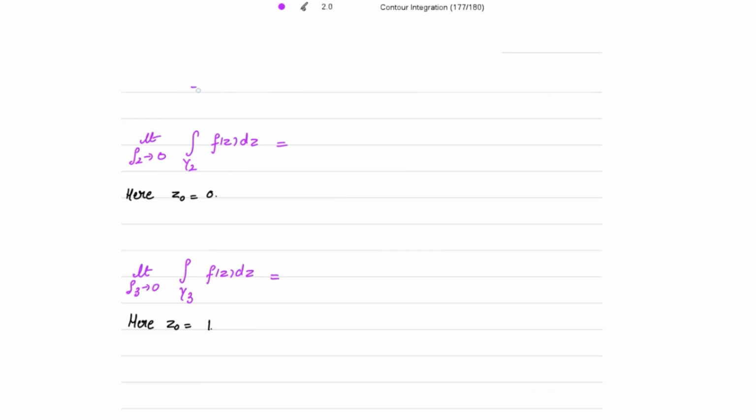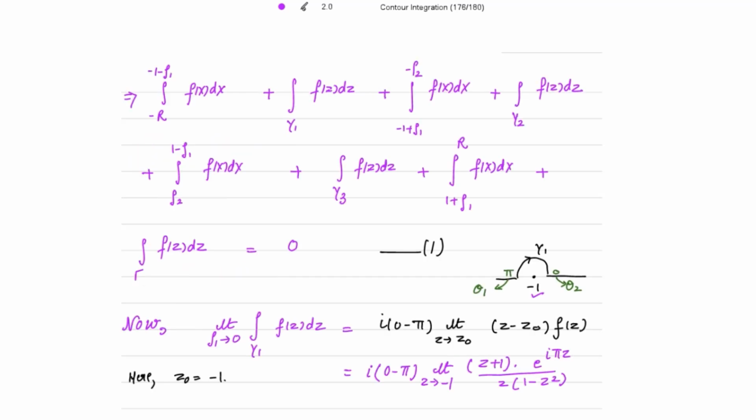So we have minus pi iota times the limit as z tends to -1 of e to the power iota pi z over z into 1 minus z, because z plus 1 has been cancelled out. 1 minus z squared is 1 minus z, 1 plus z.